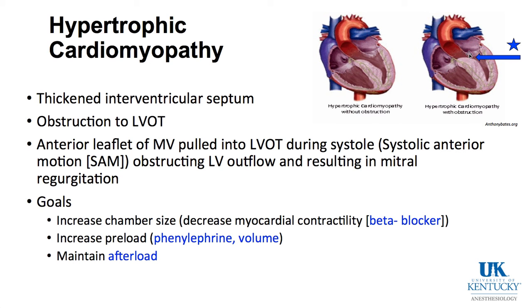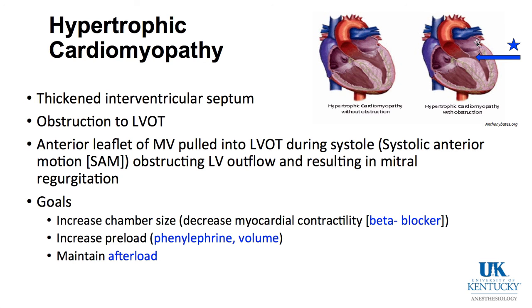And as it obstructs the LV outflow tract, it also doesn't coapt normally with the posterior leaflet, and you get severe MR also. So our goal for a patient with this thickened interventricular septum with hypertrophic cardiomyopathy physiology is to keep the chamber size large and reduce contractility. Beta blockers will do that.